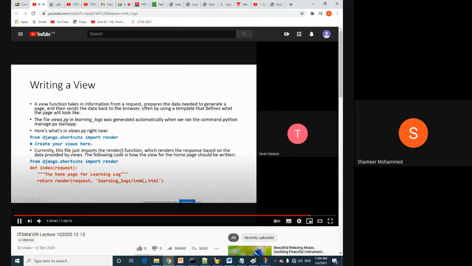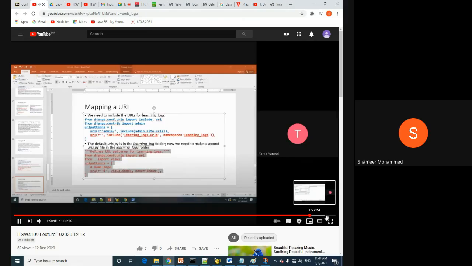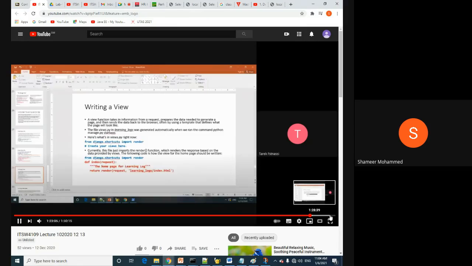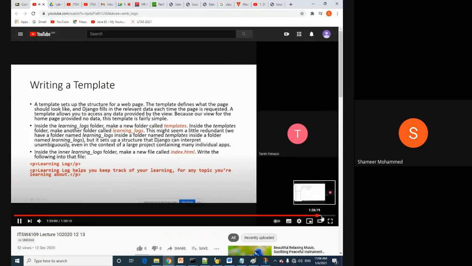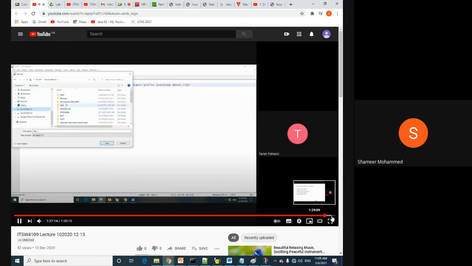See, in this page, I think in the lab they have shown you, not here. So there is a folder called templates.